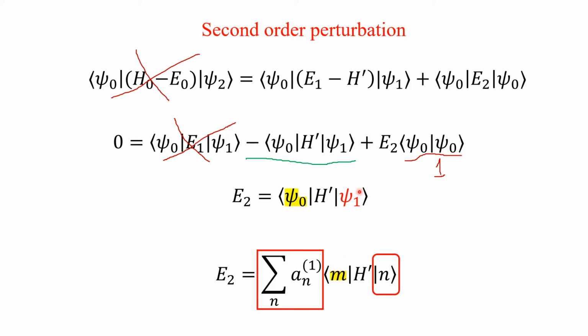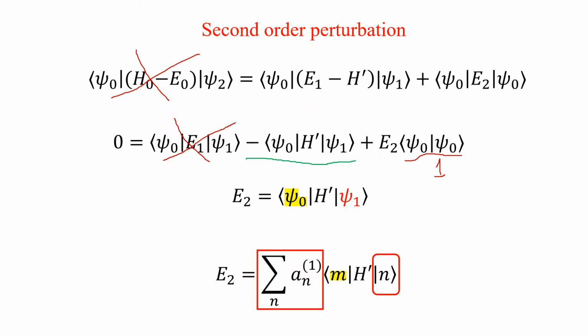And H prime on psi 1 can be written as summation over n of a_n^(1) into ket n. That is what I have shown in the red color box. That is, I have expanded psi 1 in terms of u_n, which in Dirac notation can be written as ket n. So we have used the superposition principle and expanded psi 1 as a summation over n of a_n^(1) into ket n. That's what we have done here.